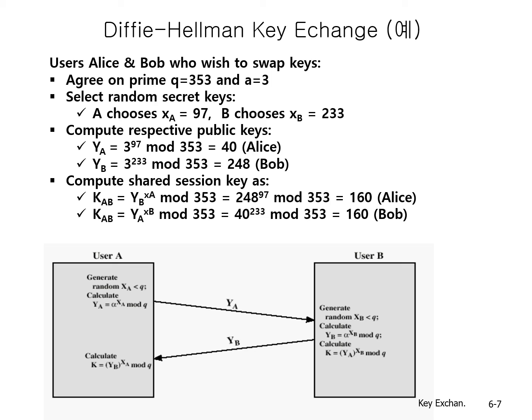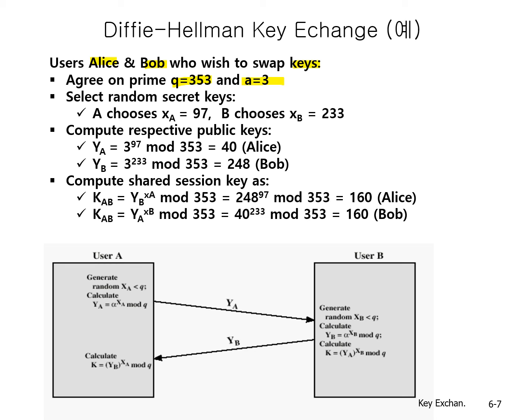Let's see the example again. Alice and Bob wish to share a secret key. They agree on the prime number q, 353, and the primitive root of q, alpha 3.